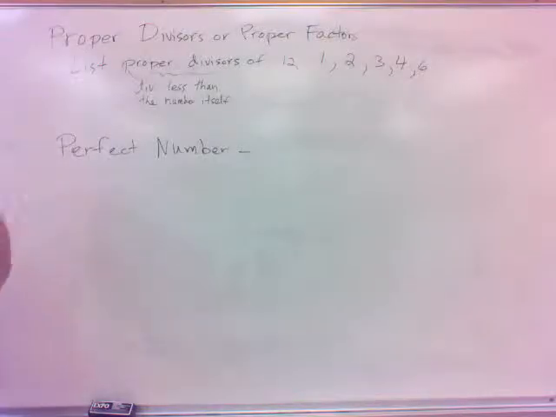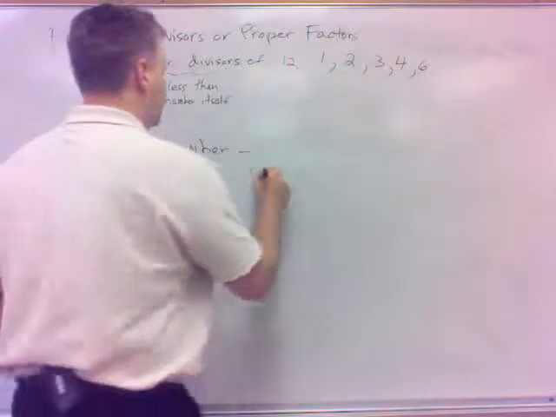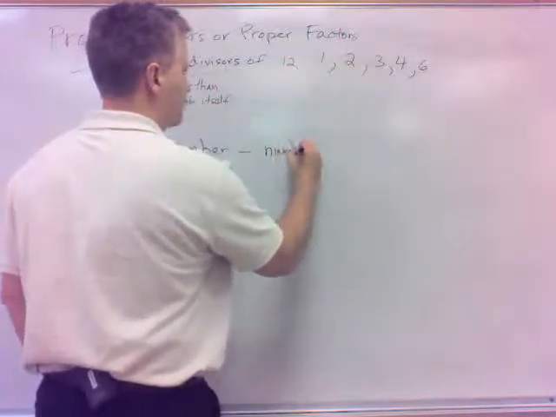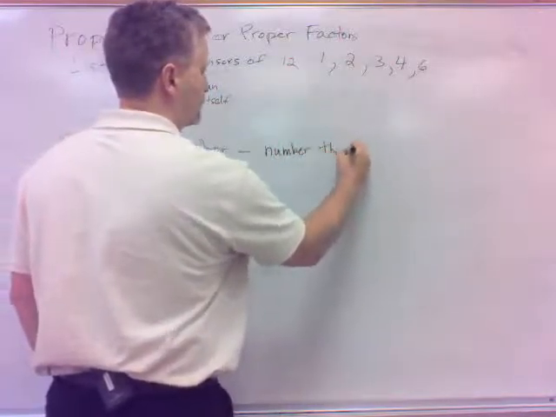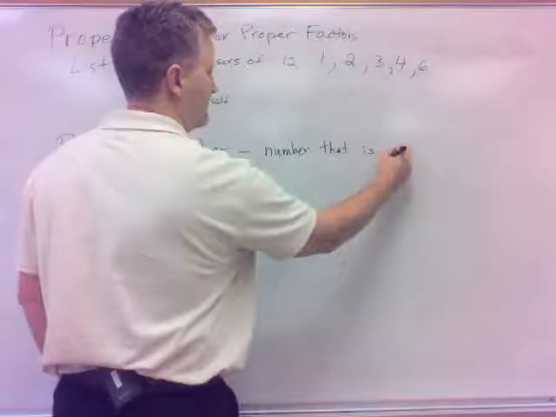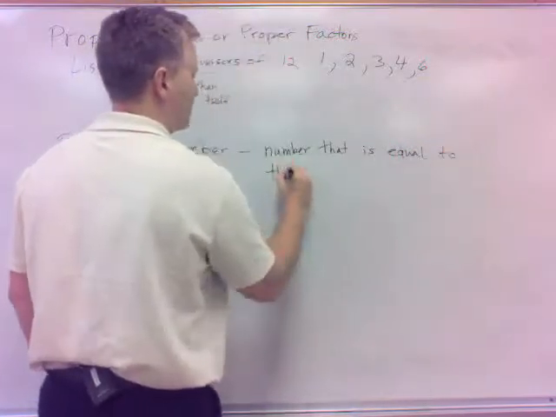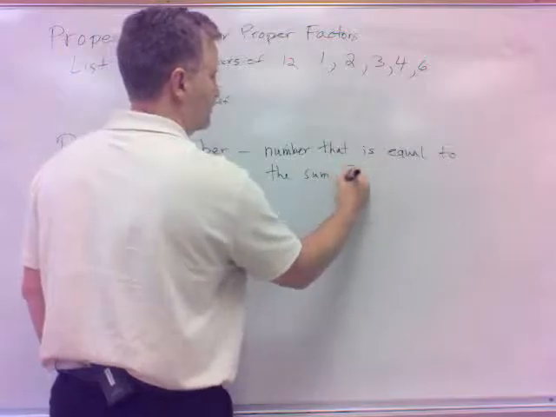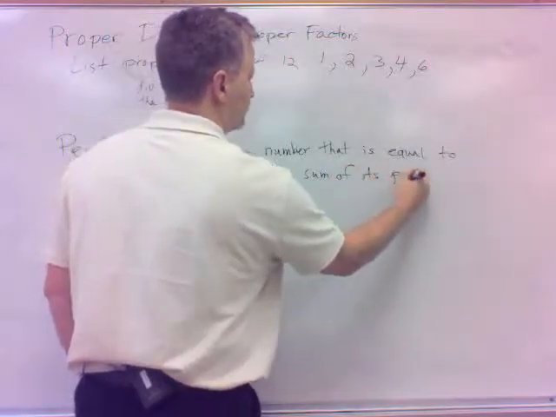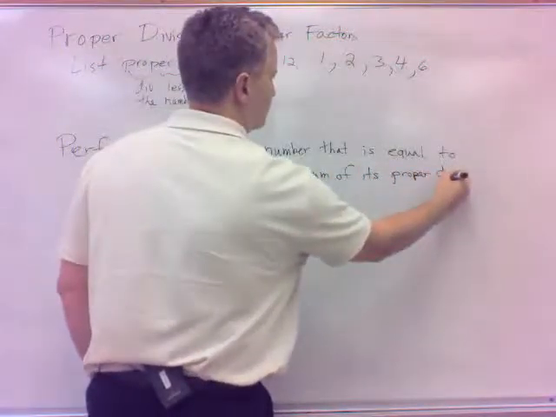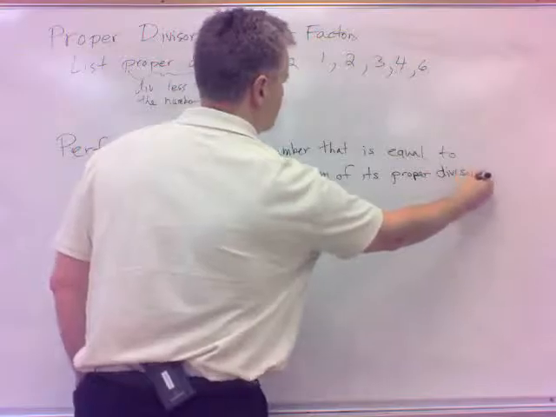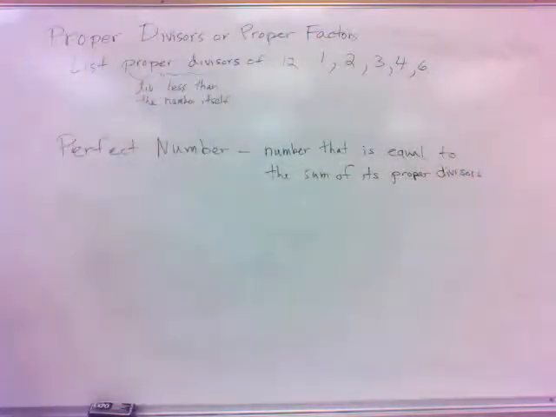And here's how, in number theory, they define that. A perfect number is a number that is equal to the sum of its proper divisors. Believe it or not, such a thing exists.